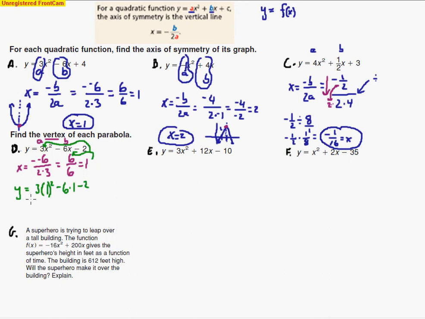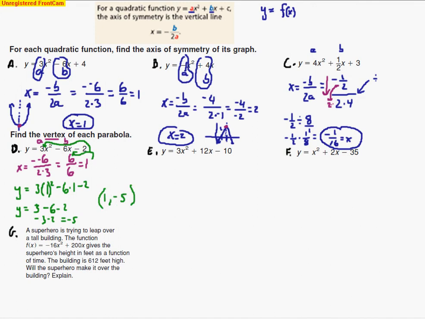So 1 squared is just 1, times 3 is 3, minus 6 minus 2. Makes negative 3 take away 2, makes negative 5. So there it is. We've got our point in which the graph ends up bottoming out, the low point in the graph, which is 1, comma, negative 5. There is our answer.